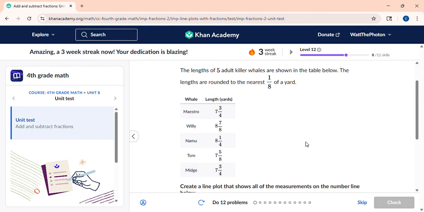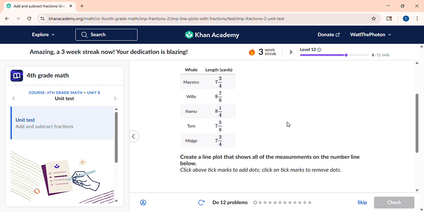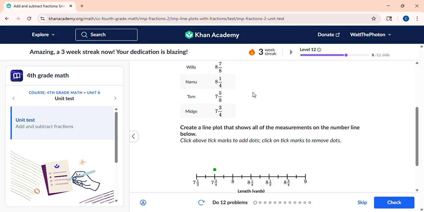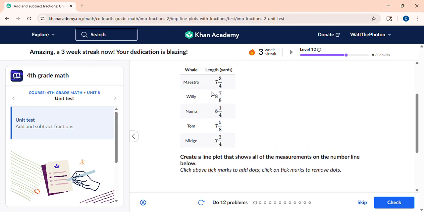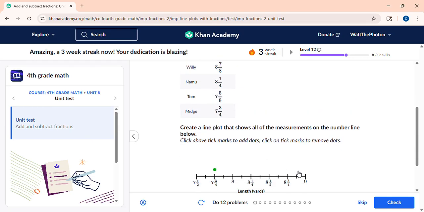5 killer whales are shown. The lengths are rounded to the nearest eighth of a yard. Measurements. So one right there. 8. One right there. One right there. 5/8.